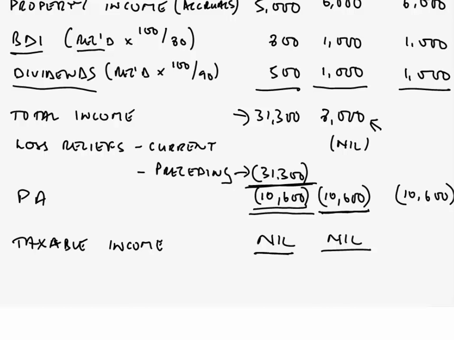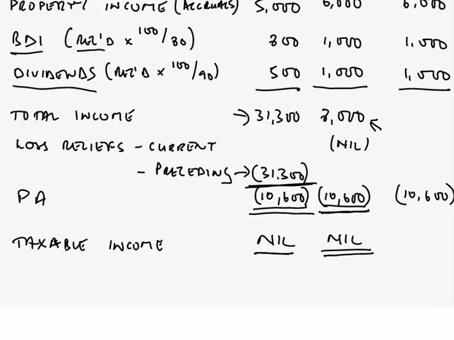It means we've still got some £2,600 of this personal allowance wasted, but that's going to happen anyway, but we end up with nil taxable income. If we make the claim in the preceding tax year, then the loss is 40, the total income is 31,300, the claim is 31,300. It will eliminate all of our taxable income, but in so doing we will have wasted £10,600 worth of personal allowance.